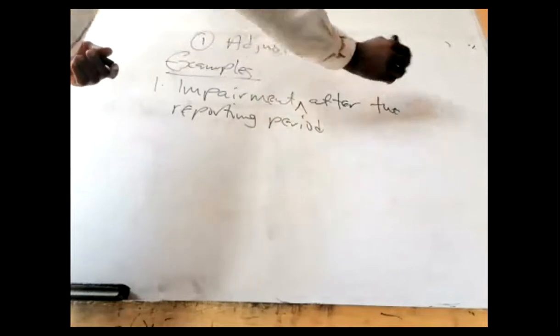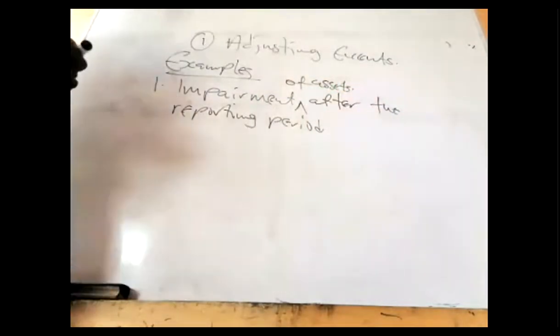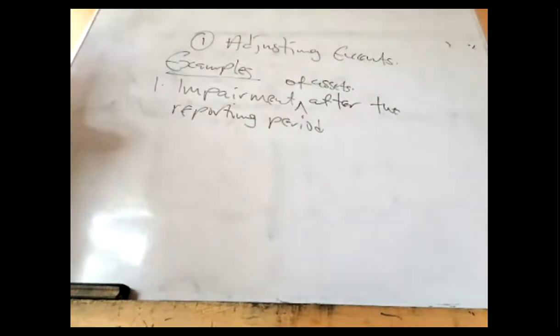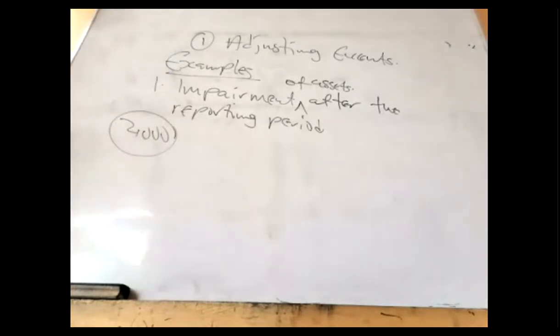Now, let's give an example of this. After the reporting period, if you find out that one of your customers has been declared bankrupt, and this customer is owing you, let's say, 2,000 cedis, what are you going to do? If you did not insure this customer's debts, it means this amount you are not going to receive.